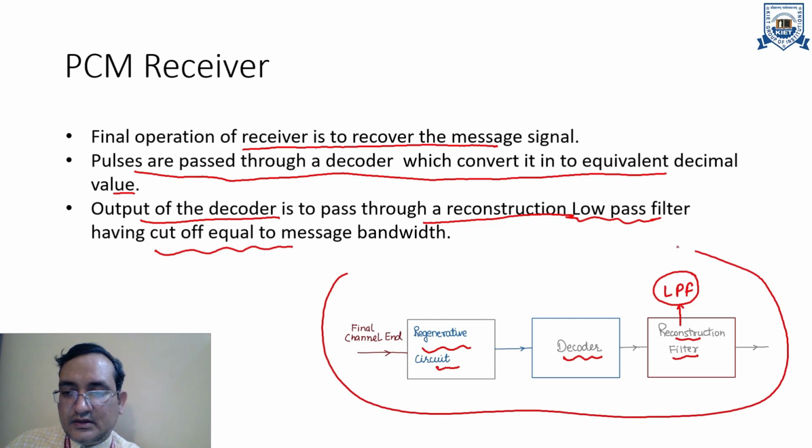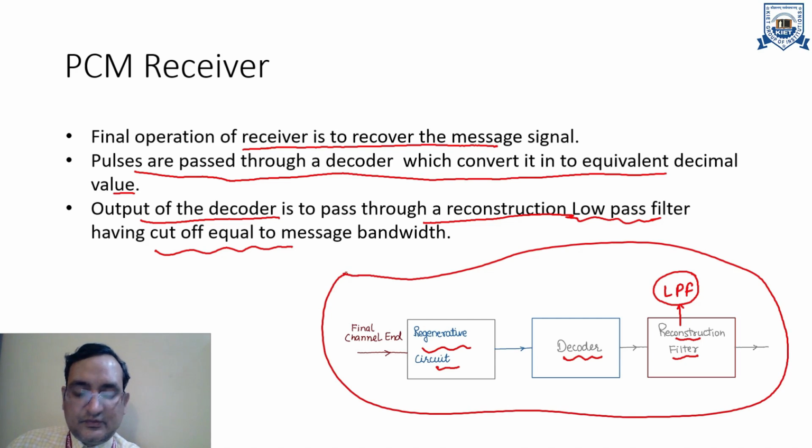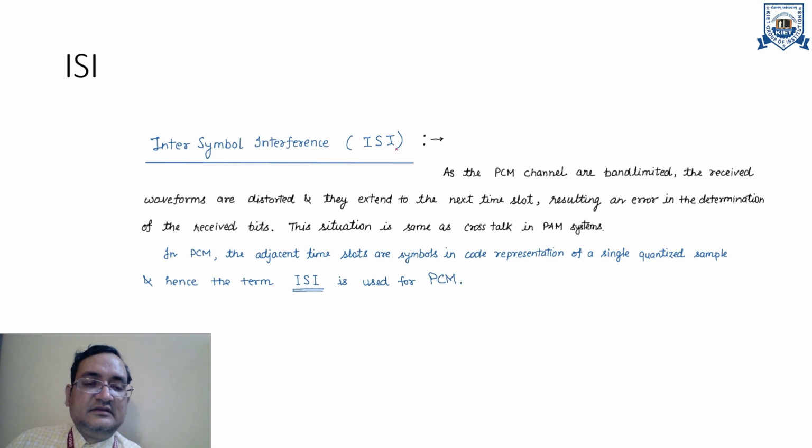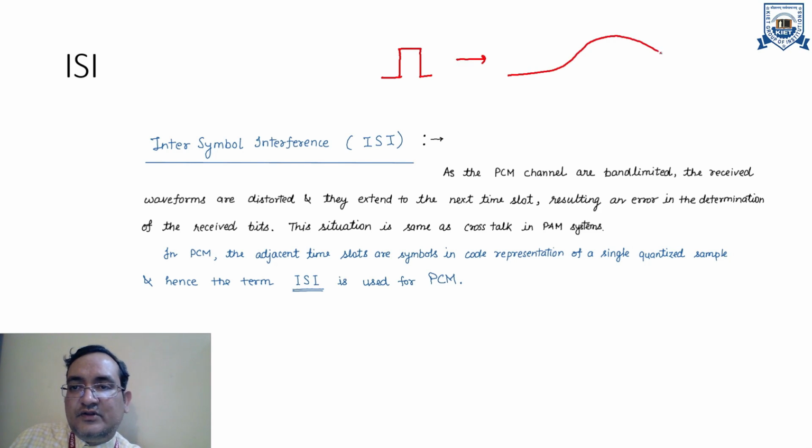And this is a very important term, which is ISI. Once you transmit, you are using gate pulses. Now what will happen if you consider the spectrum of the gate pulse? You will find that it will be from minus infinity to plus infinity, right? Point to be noted. Now what will happen when you pass this infinite bandwidth signal through a finite band channel?